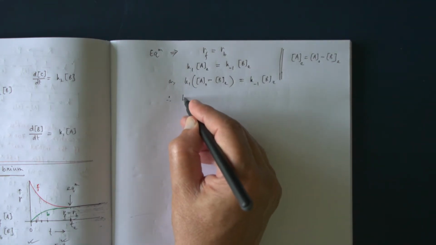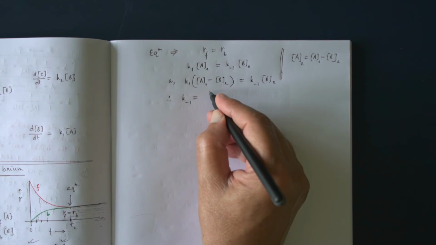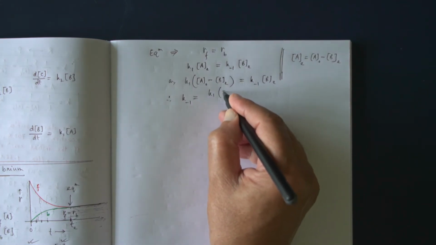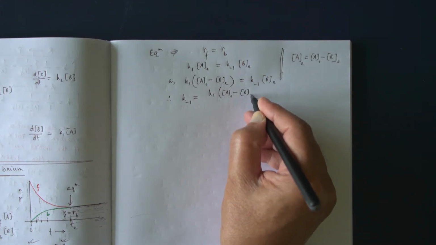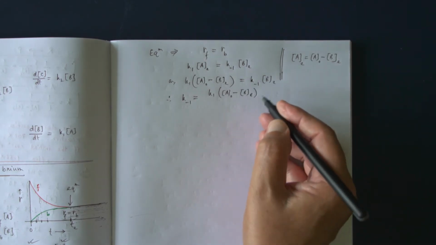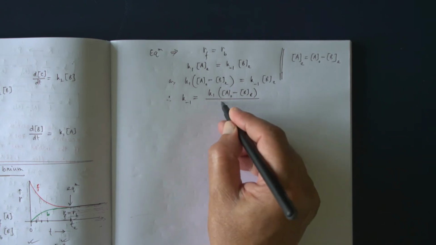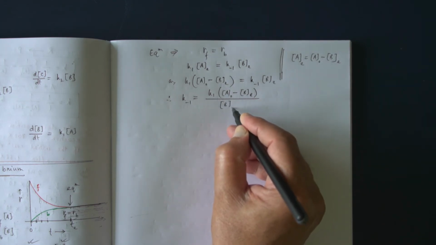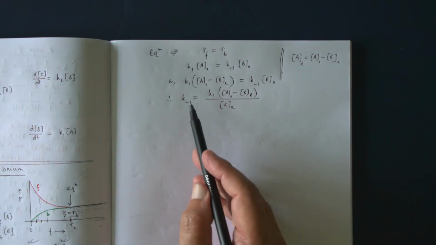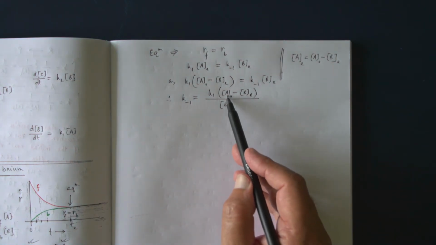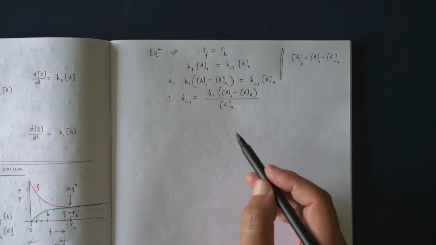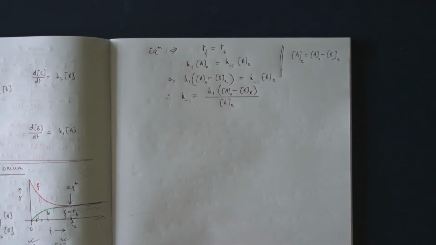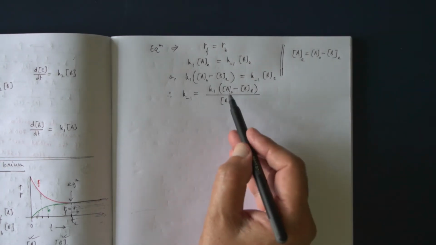Hence k minus 1 will be equal to k1 (a naught minus b) by b. So for k minus 1 we can write this. This is constant, these are also constants. Okay, so everything is constant. Hence from 1 we substitute this in 1.